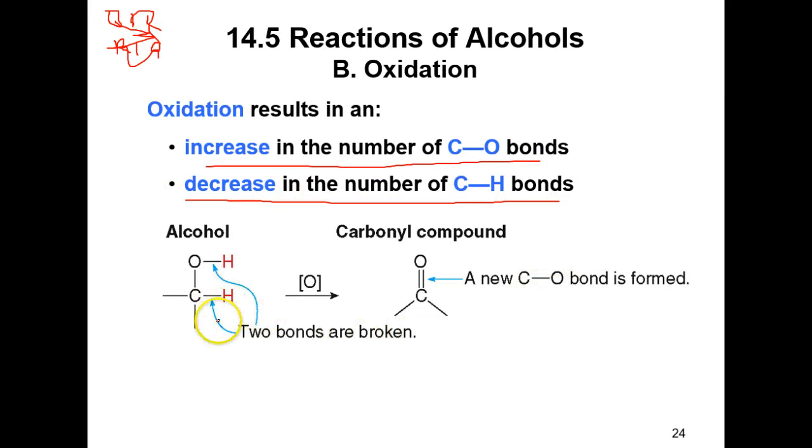Okay, so here's a perfect example. Here I have an alcohol, so I have 1 bond, and the decrease of hydrogen is carbon hydrogen. So I'm looking at this carbon and I'm looking at how many hydrogens it's attached to and how many oxygens it's attached to. So I got 1 bond to oxygen and I got 1 bond to hydrogen. When I oxidize it, this is kind of the universal symbol.